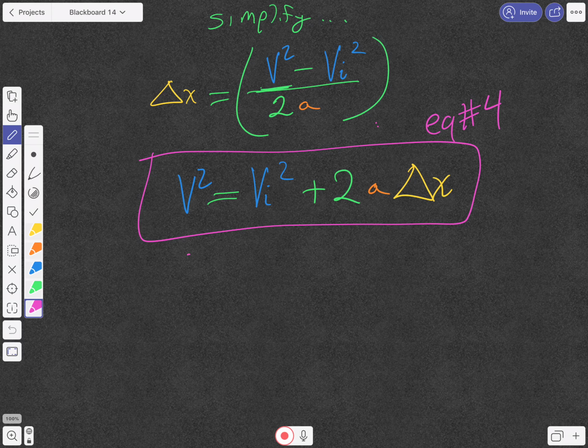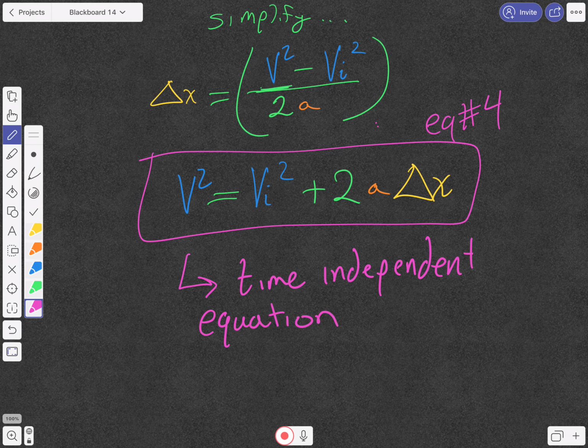So this is called our time-independent equation. If you can't tell by the name, the reason we call it the time-independent equation is because we do not need to know the time to find any of these variables inside. So this can be really helpful when you know a distance and an acceleration, and then you have an initial velocity, which sometimes is 0, especially if they tell us an object starts at rest.